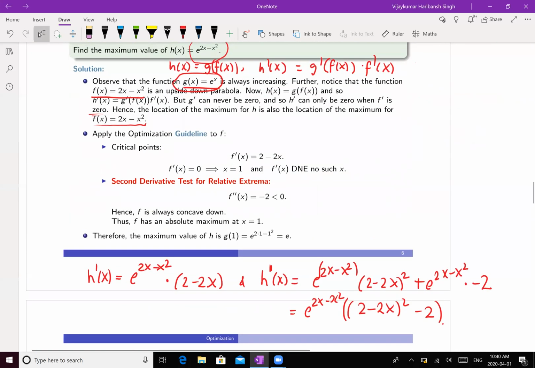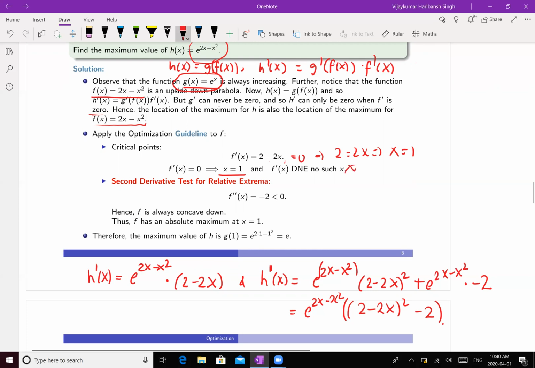For a function, finding the critical point is to take f prime of x and equate it to 0. In that case, you will get f prime of x is 2 minus 2x. So this equals 0 gives me 2 equals 2x, which gives me x equals 1. Similarly, where f prime of x does not exist, this should also give you some critical points, but in this case, the derivative always exists. So there is no such x coming.